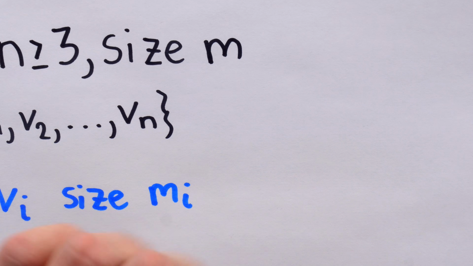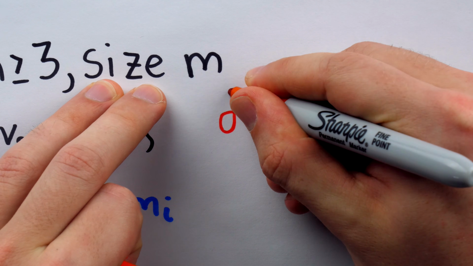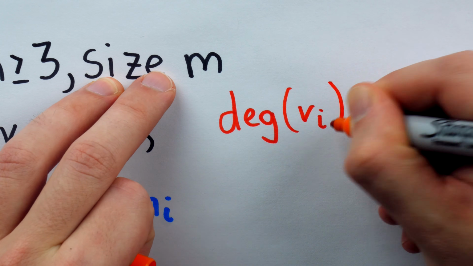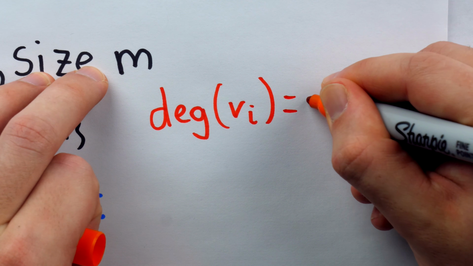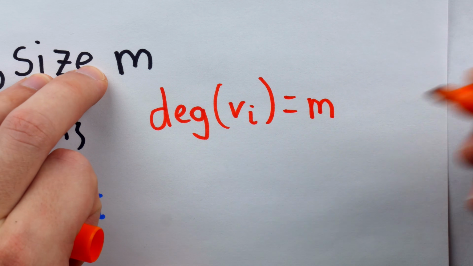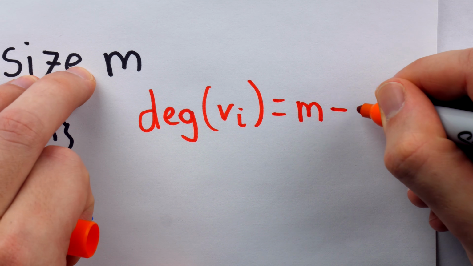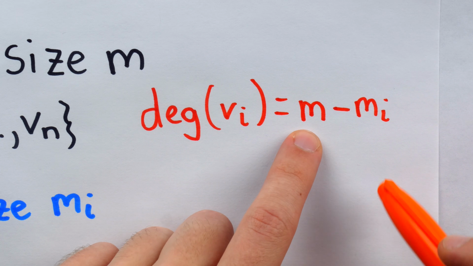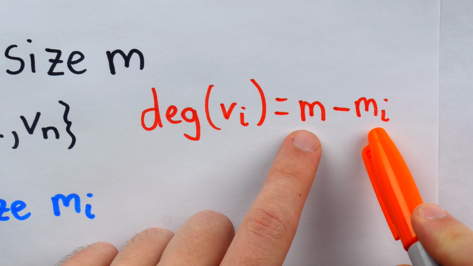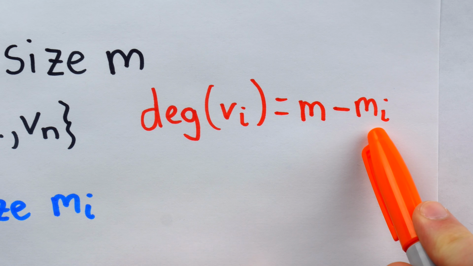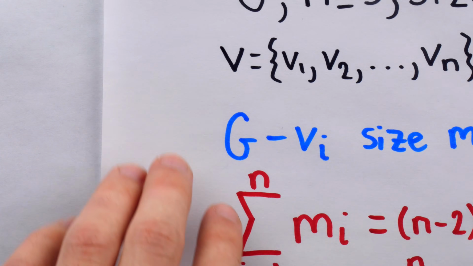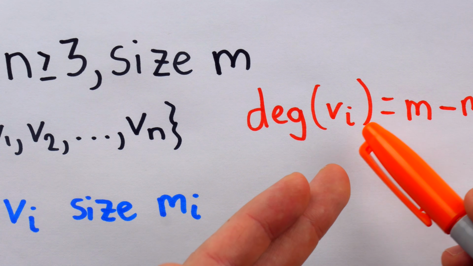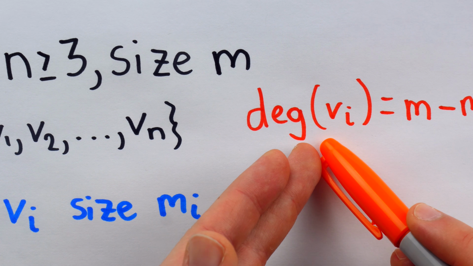Hence, the degree of any vertex vi, which is denoted deg of vi, can be found by just taking the size of the original graph, which we know we can figure out, and subtracting the size of G minus vi. Because the difference between m and mi will be exactly the number of edges which are removed when we delete vi, which is of course exactly the number of edges touching vi, hence the degree.